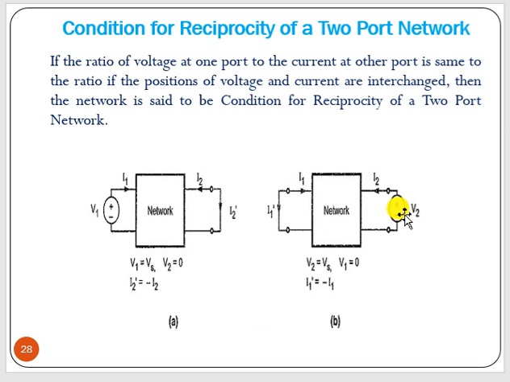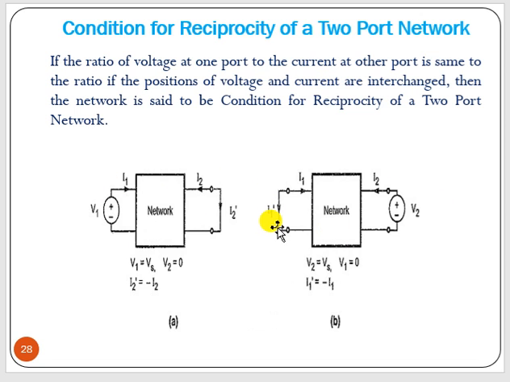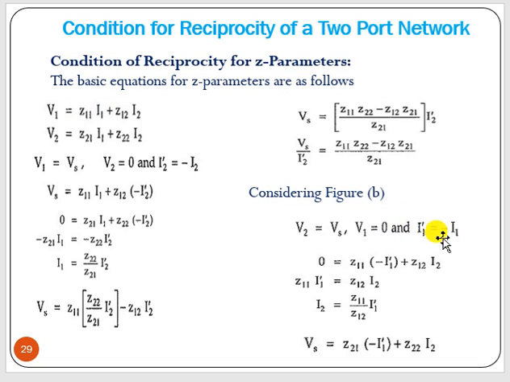Now figure B, V2 equals Vs. V1 is short circuited, equal to 0, and I1 dash equals minus I1. Now we can put this into the first equation, the V1 equation. So 0 equals this particular expression, and you can find the value of I2.